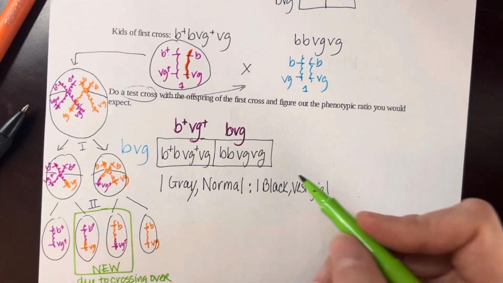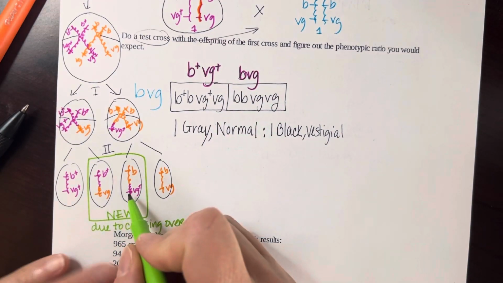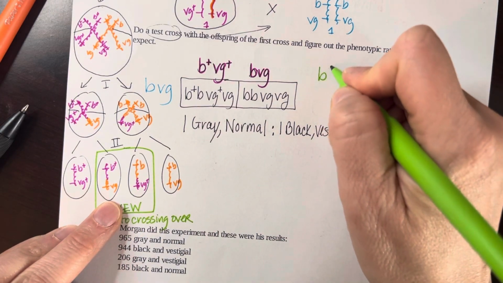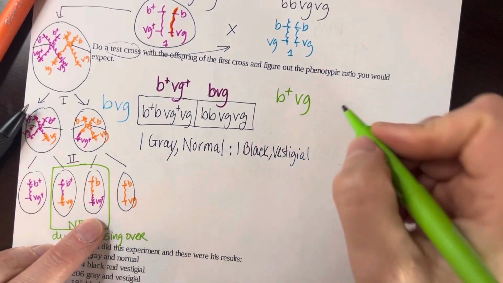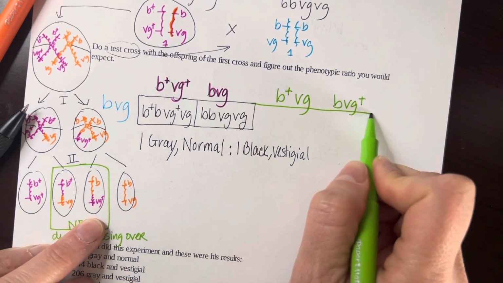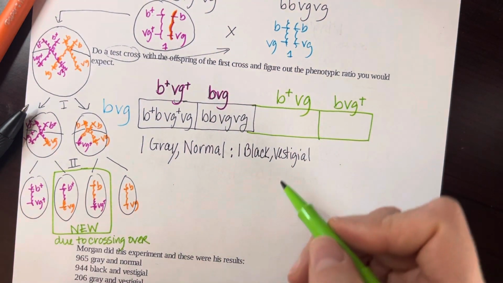So now let's add this. Realistically, if crossing over occurs, they could have these two new combinations. They could have the B plus and the VG, or they could pass on the B and the VG plus. And so let's add on to this. In green are the new combinations.